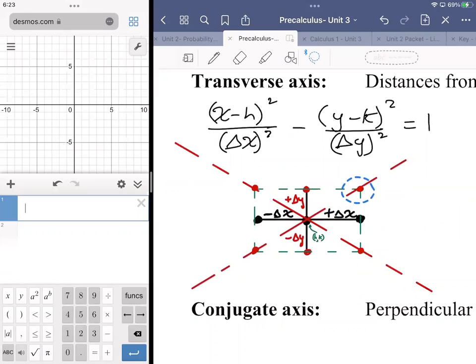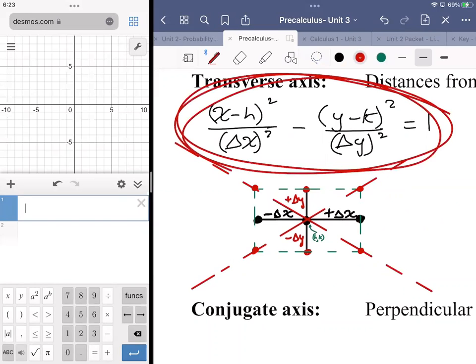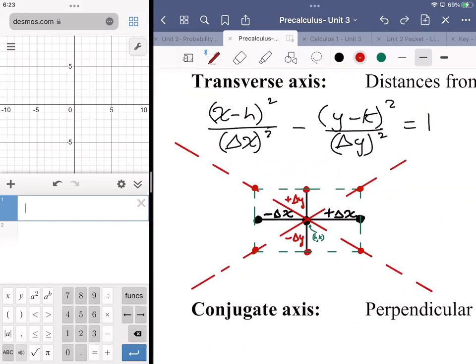For a hyperbola equation that's of this form, we're going to start with the rightmost vertex, draw a curve that approaches each asymptote as it extends outward, and then start with the leftmost vertex and draw a curve that approaches each asymptote as it goes outward.